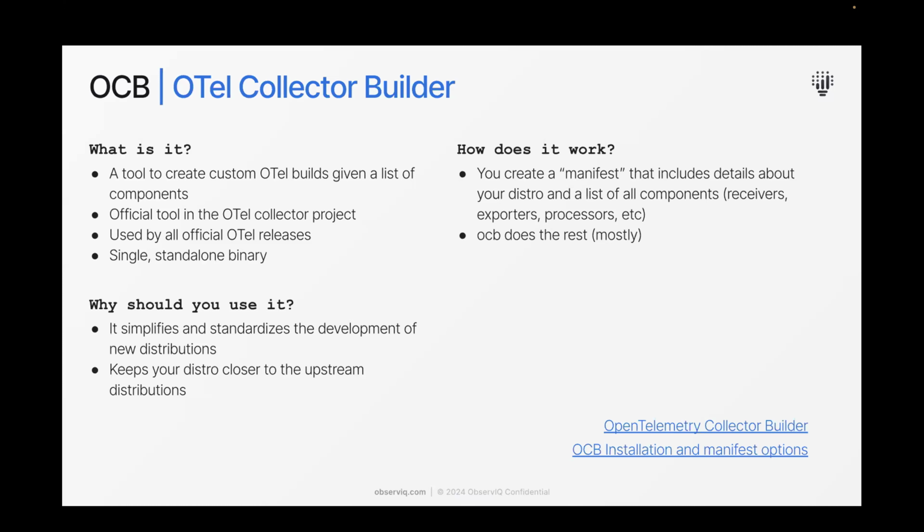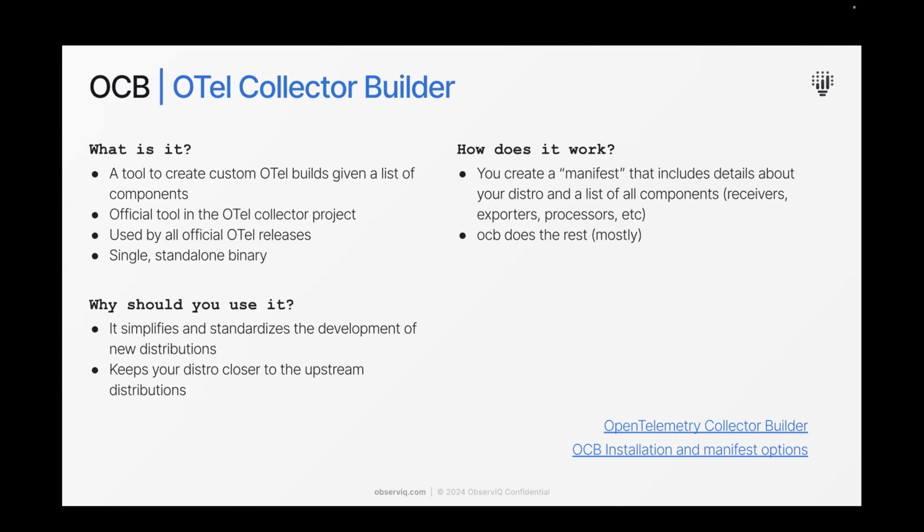When it comes to how you actually use it, again, pretty simple once you understand it. You create a manifest. This is just a YAML file that includes details about everything that's going to go into your distribution, a list of all the components, and then OCB does the rest.